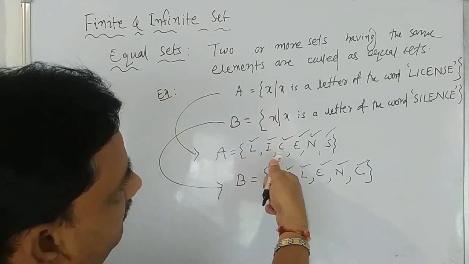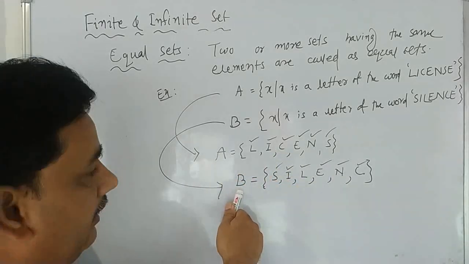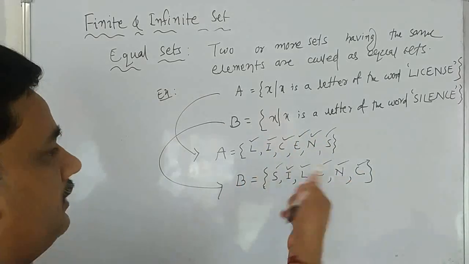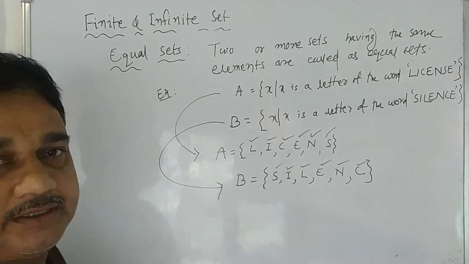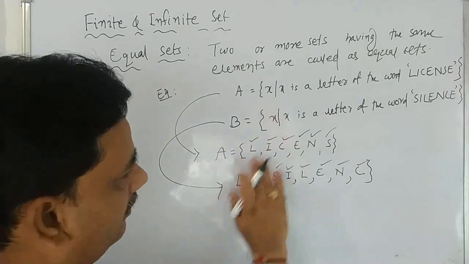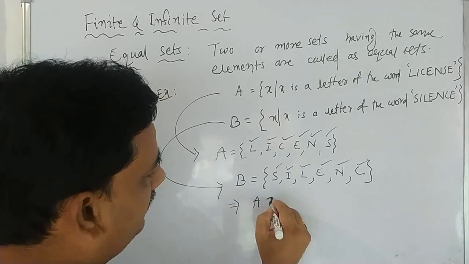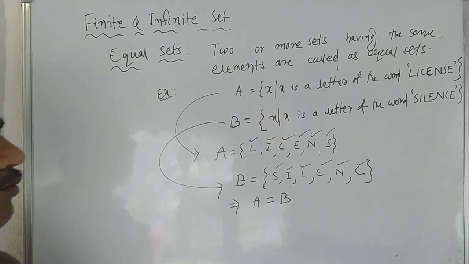So all the elements in A are in B also. However, the order is different, but the order is immaterial. So it contains the same elements, and in this case you can say A is equal to B. A and B are both equal sets.